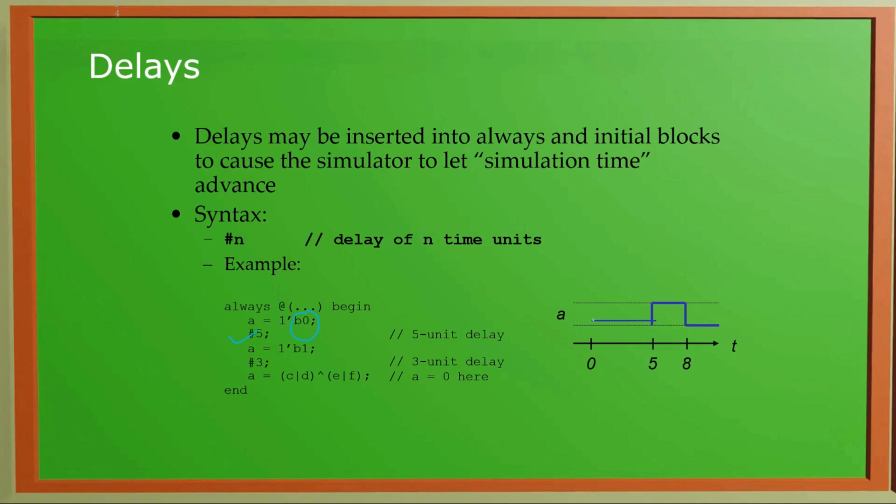From the initial value 0 up to 5 units, the value will be 0. After that 5 unit delay, what is the instruction? The next instruction is telling that it should become 1. Then after 5 units it will become 1. So how much time it should stay at that 1 level? That will be defined by the next delay or next instruction which will give the output.